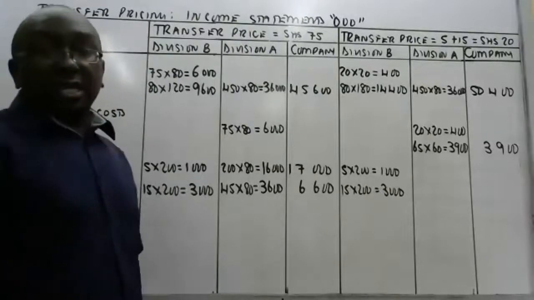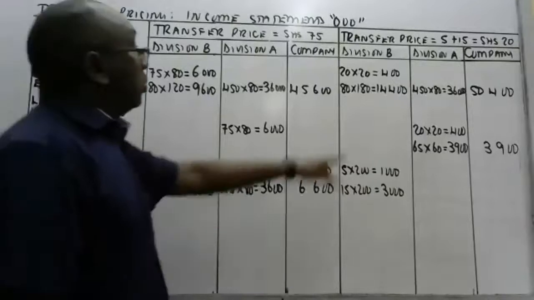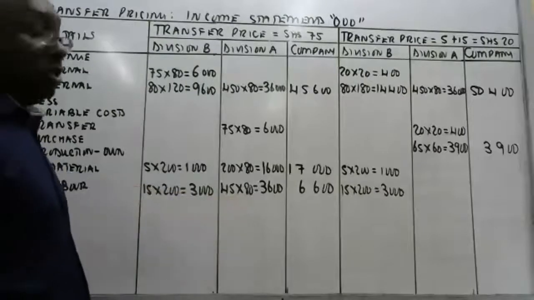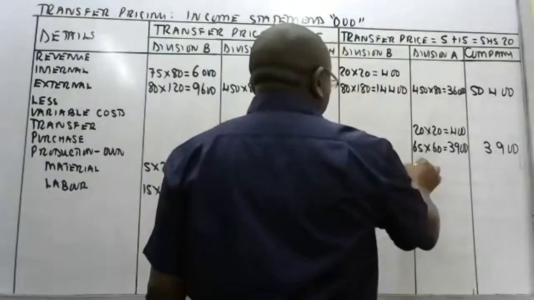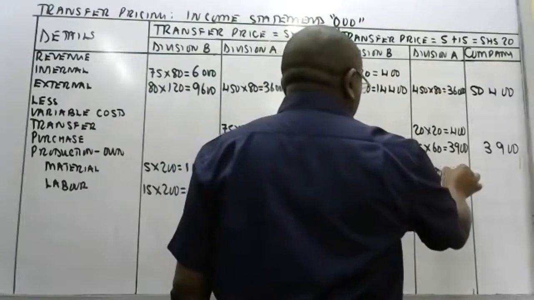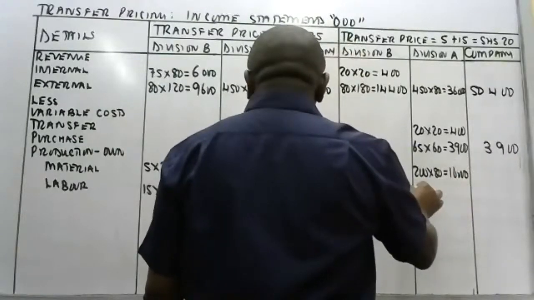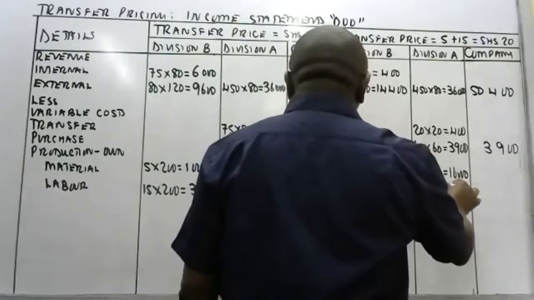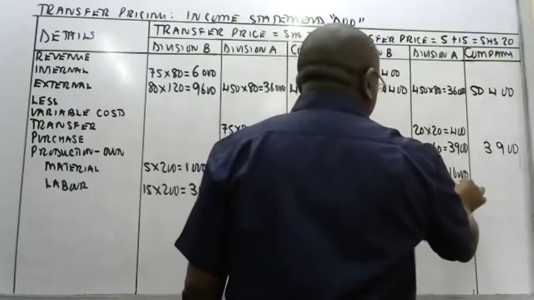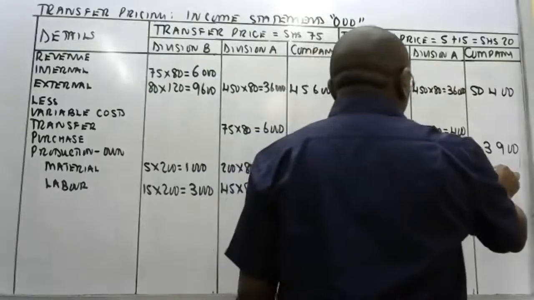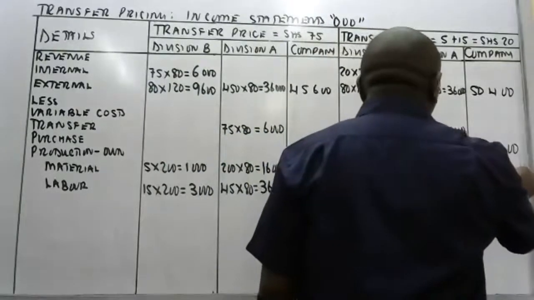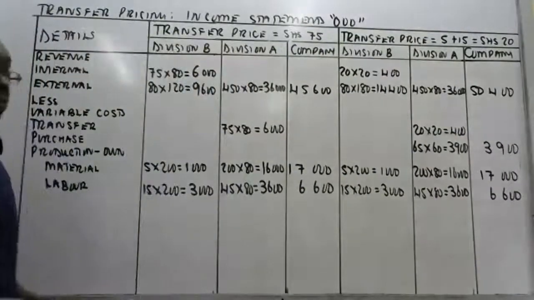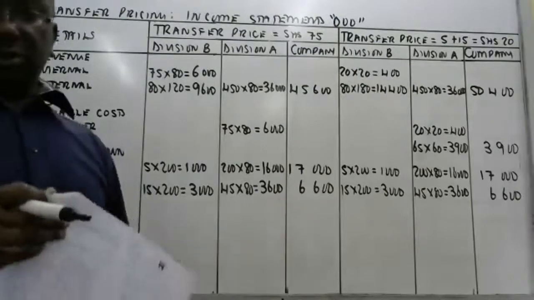Division A still retains these ones, so the cost will still be the same: 200 times 80, which is 16,000, and 45 times 80, which is 3,600. So the company here will have to deal with 17,000, and here 6,600. So that remains the same.